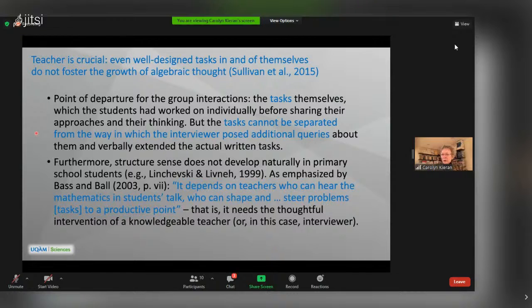Furthermore, structure sense does not develop naturally in primary school students. As emphasized by Bass and Ball, it depends on teachers who can hear the mathematics in students' talk, who can shape and steer problems to a productive point. That is, it needs the thoughtful intervention of a knowledgeable teacher, or in this case, interviewer.